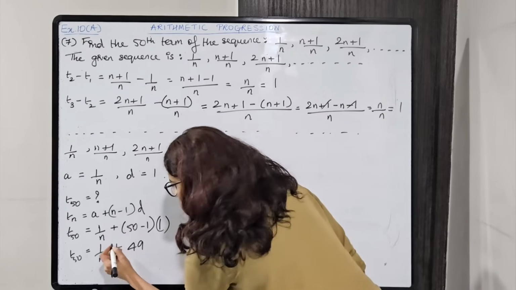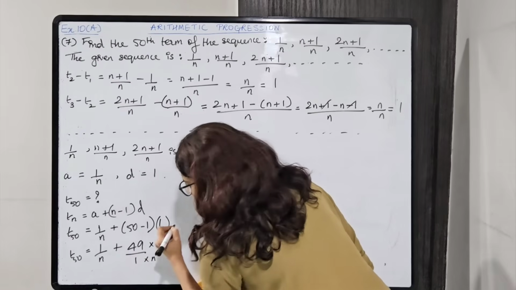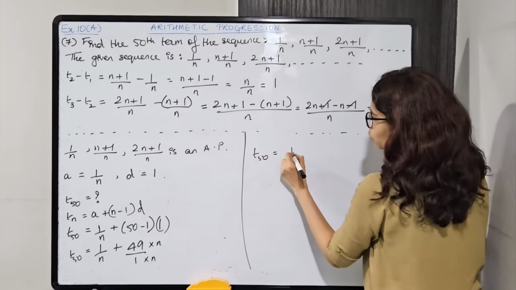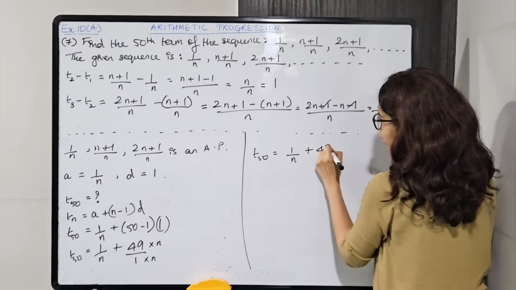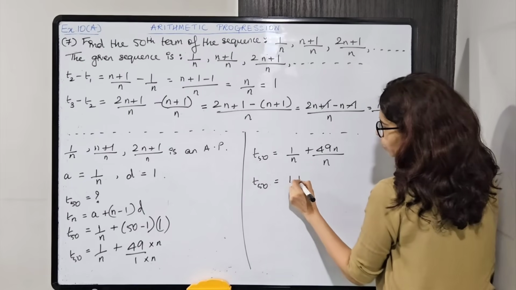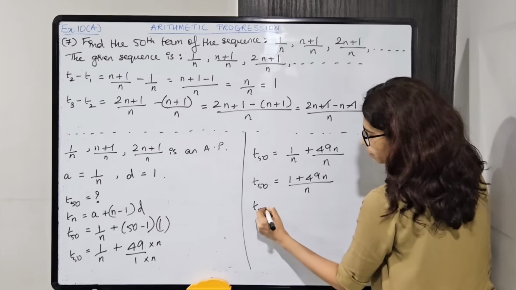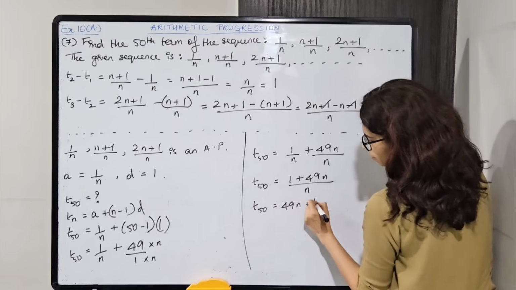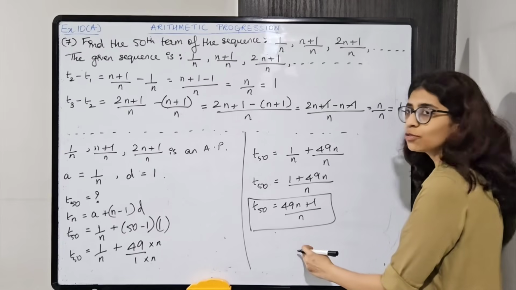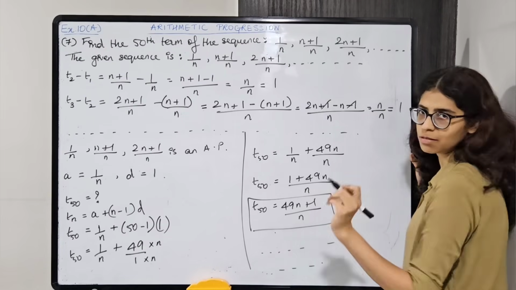So multiply and divide by n. That will give T50 is equal to 1 by n plus 49n upon n. So that gives 1 plus 49n upon n. Box the answer and write down the final statement: the 50th term of the sequence is this.